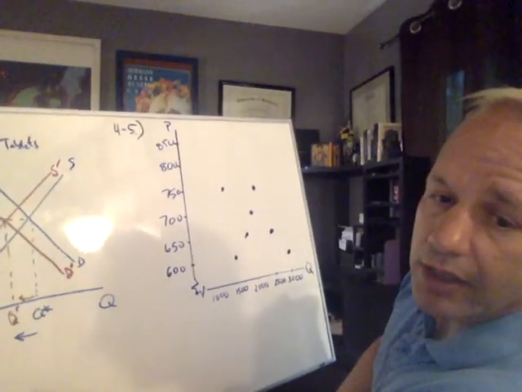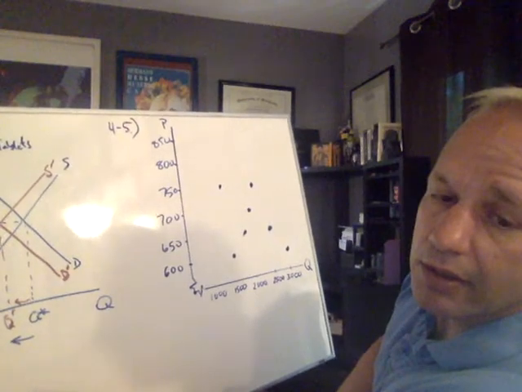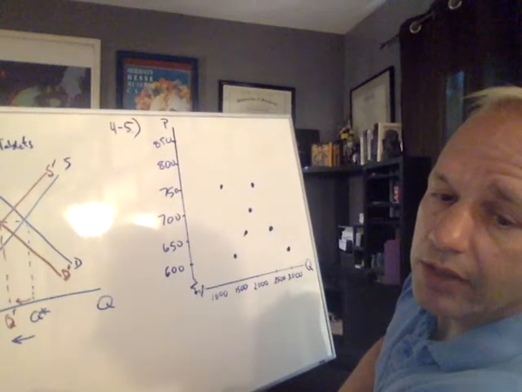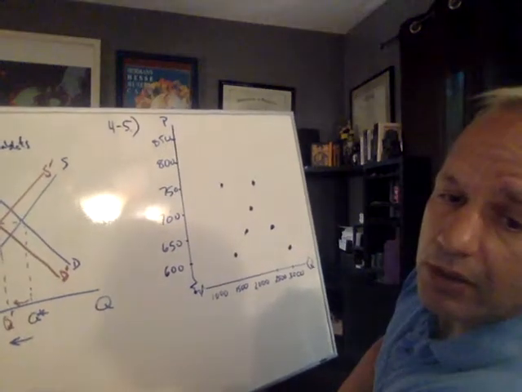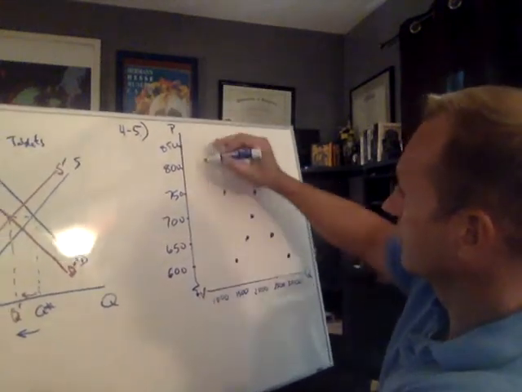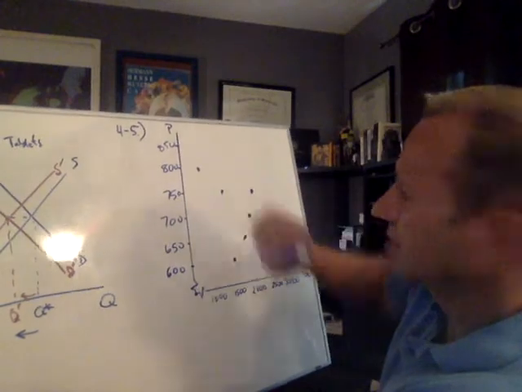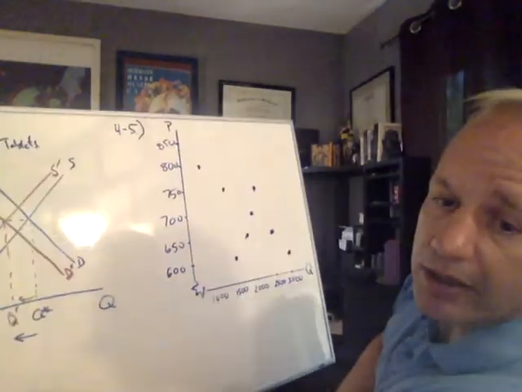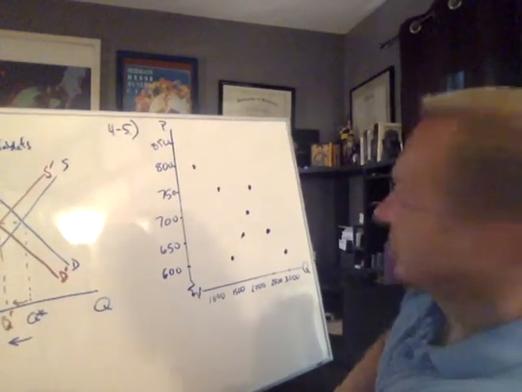And then at 800, the quantity demanded is 1000. Right about there. And the quantity supplied is 2400.